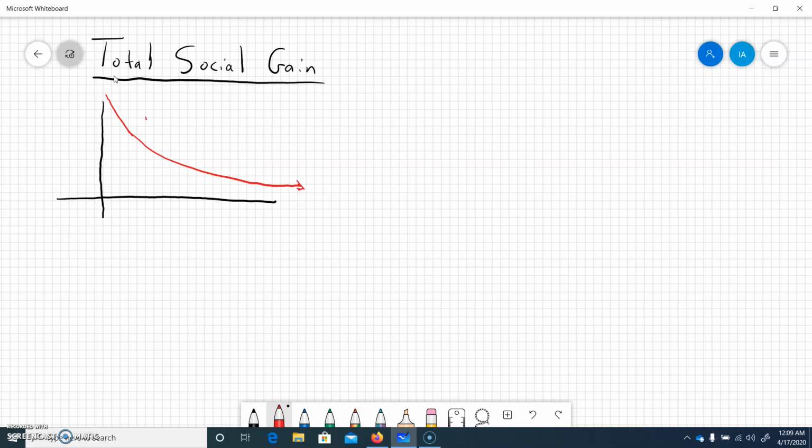Where we can increase the number of items sold, but at the same time we are decreasing the price. So if we want to sell more items, we have to lower the price.